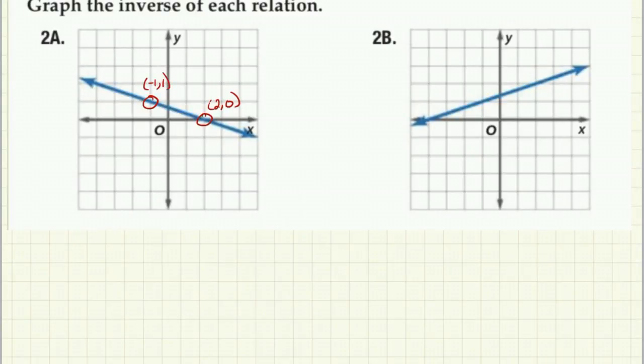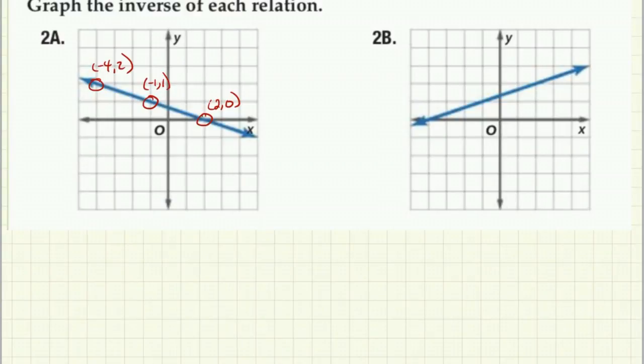And then it looks like I have another point here, and this one is at -4, 1, 2, 3, 4, yep, comma 2. So those are three decent points that I have on my original function.